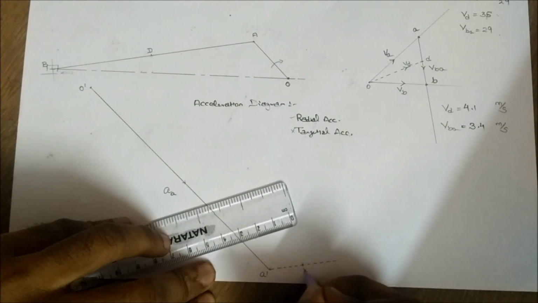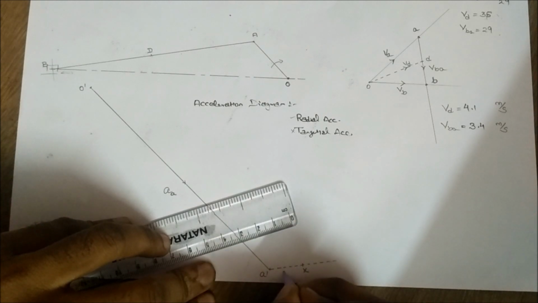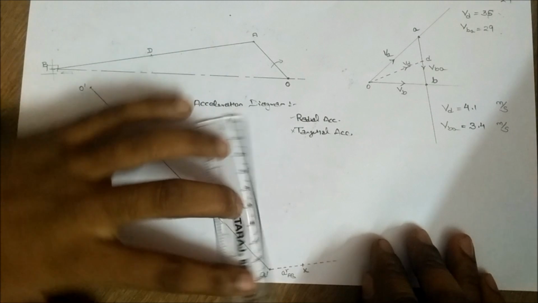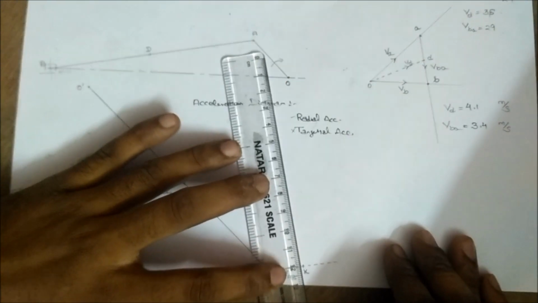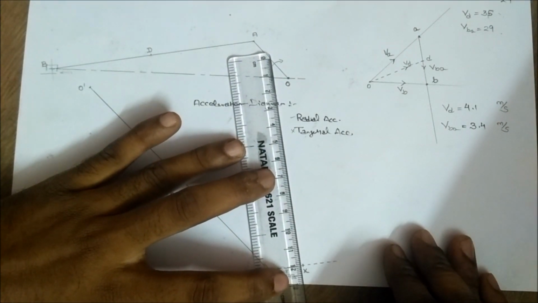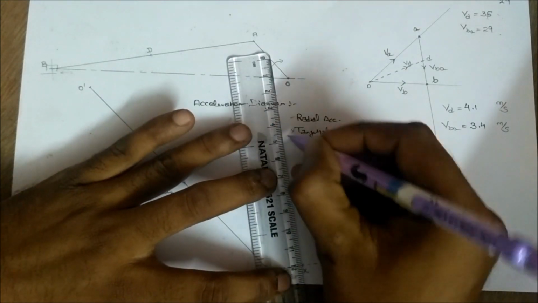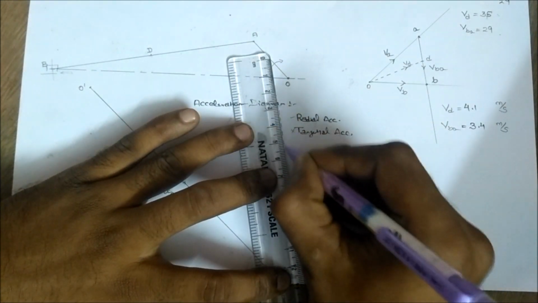So this point I am going to mark as X and name it as radial acceleration AR of AB. The next thing is we need to find out the tangential. The tangential acceleration is perpendicular to the radial acceleration. So I am going to draw a dotted line here.